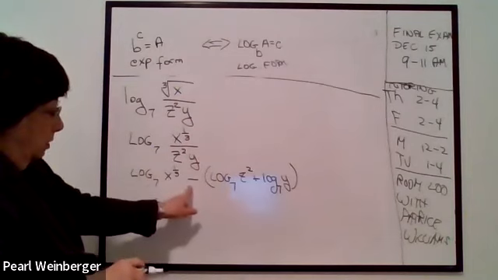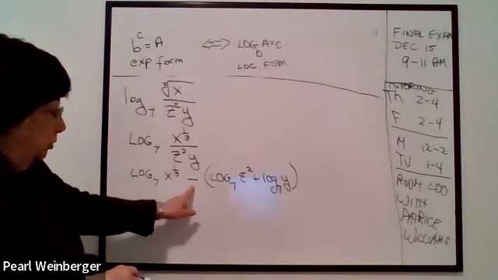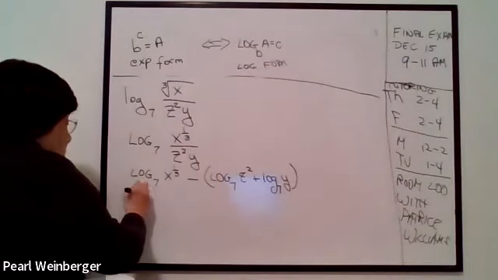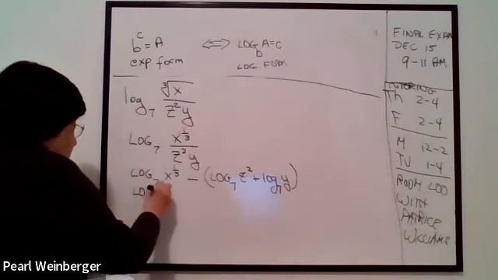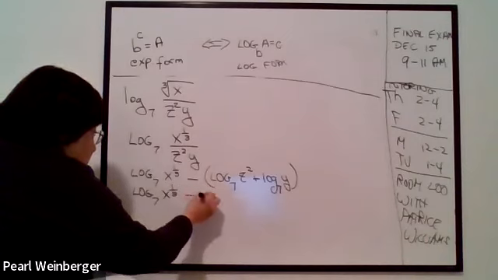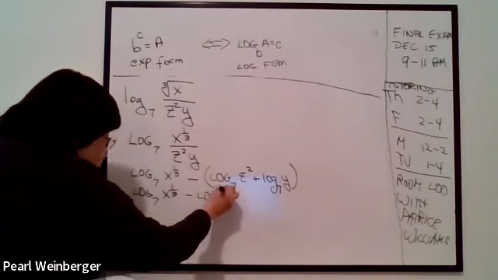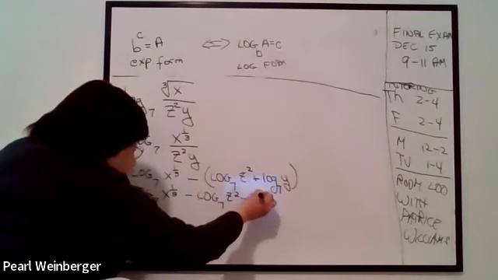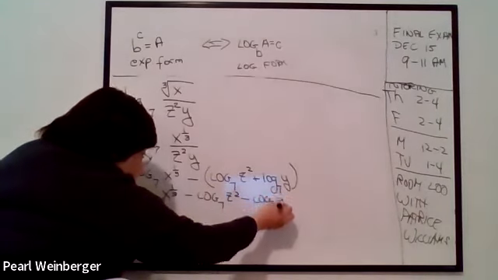And I'm going to remove the parentheses, so it'll give me log base 7 x to the 1/3 minus log base 7 z squared minus log base 7 of y.